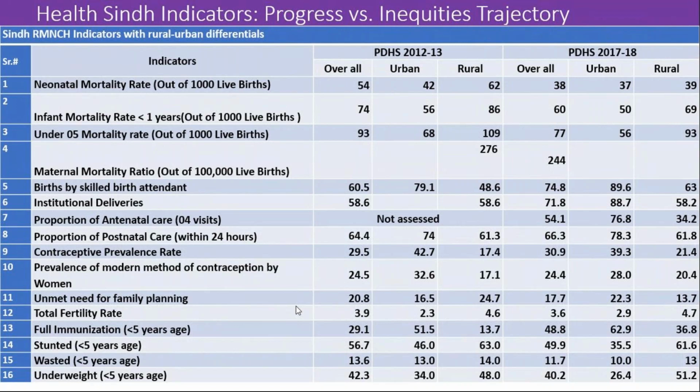You can see that in terms of neonatal mortality, infant mortality, under 5 mortality, birth by skilled birth attendants, institutional deliveries, proportion of ANC visits, proportion of postnatal care, contraceptive prevalence rate, prevalence of modern method of contraception by women, unmet need, total fertility rate, full immunization, stunted, wasted, underweight.